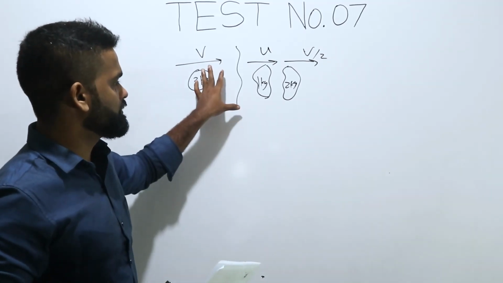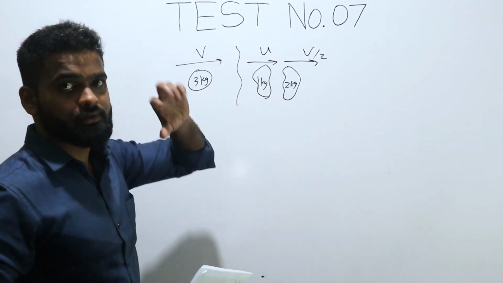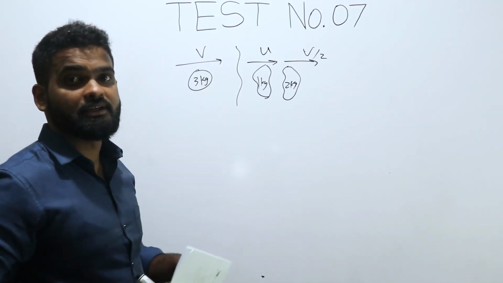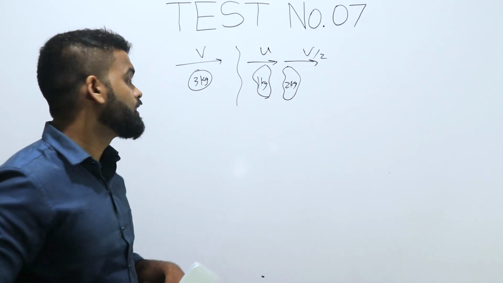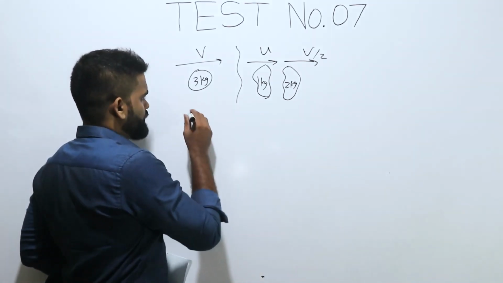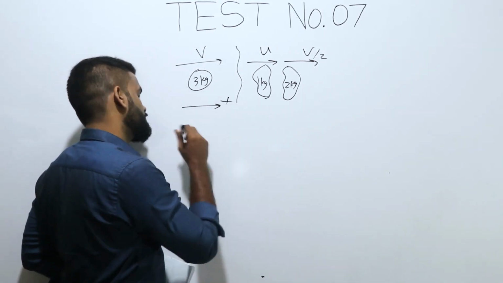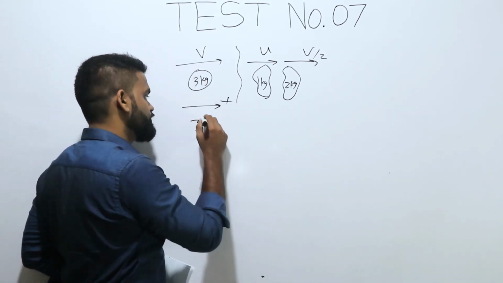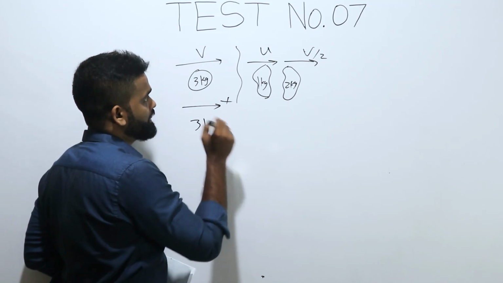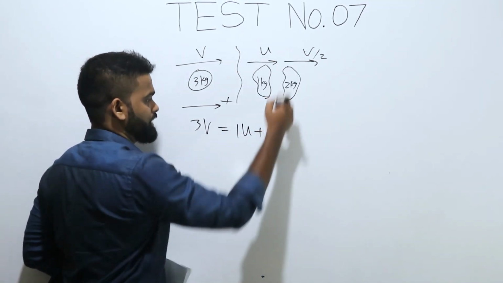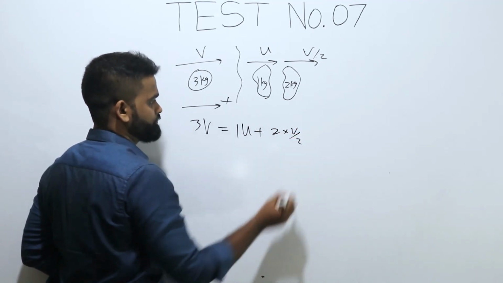Since momentum is conserved, there's no change of momentum, so we apply the momentum conservation law. Taking this direction as positive, 3 times v, mv, equals 1 times u plus 2 times v over 2.